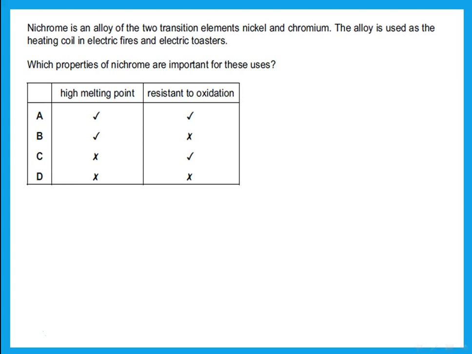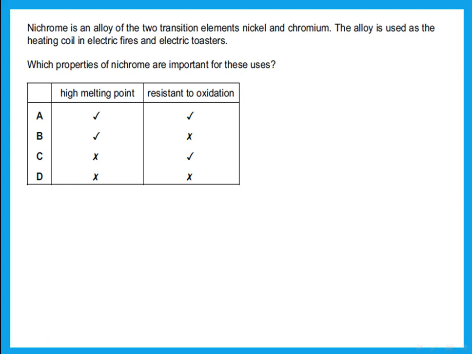Okay, he's saying nichrome is an alloy of the 2 transition elements nickel and chromium. The alloy is used as heating coil in electric fires and electric toasters. So which properties are important for these uses? I want it to be a heating coil. So should it have high melting point or low melting point?